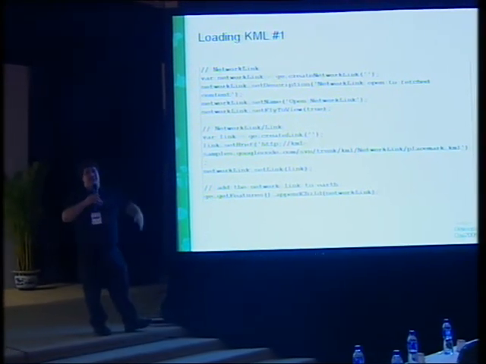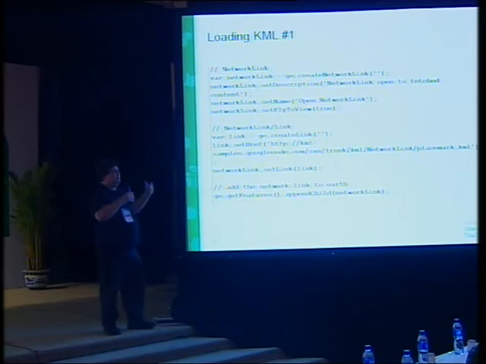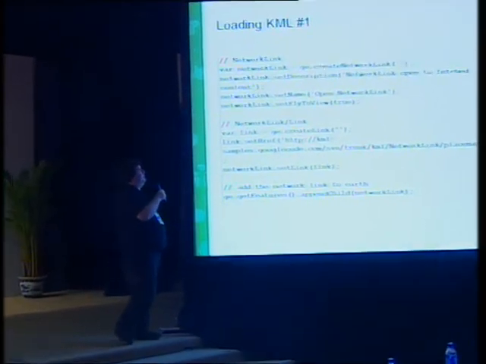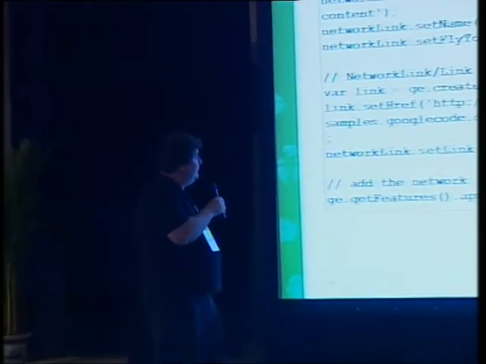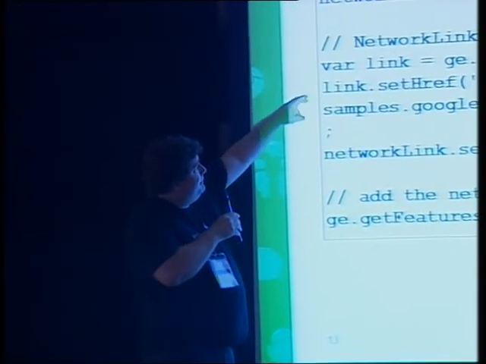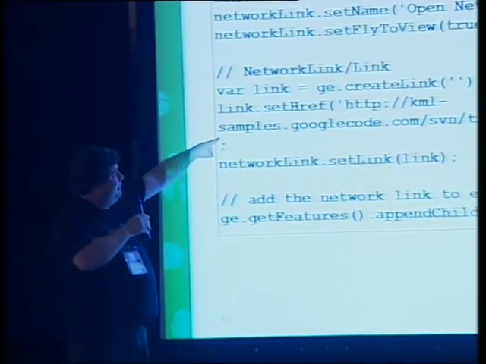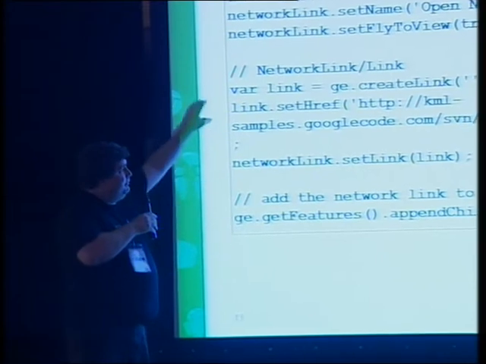That just says, if this is loaded, fly to the best view for the data that's loaded. It creates a link, sets the link's href, and then you add all of these things together and add it to the features. So that's a simple way. I'm going to talk about the advantages and disadvantages of each way in a minute.